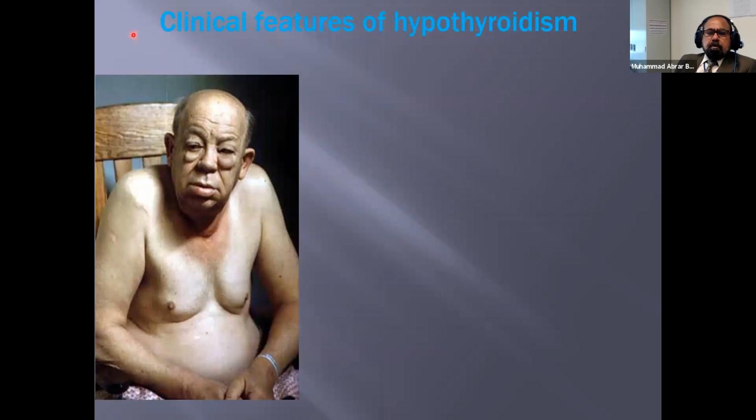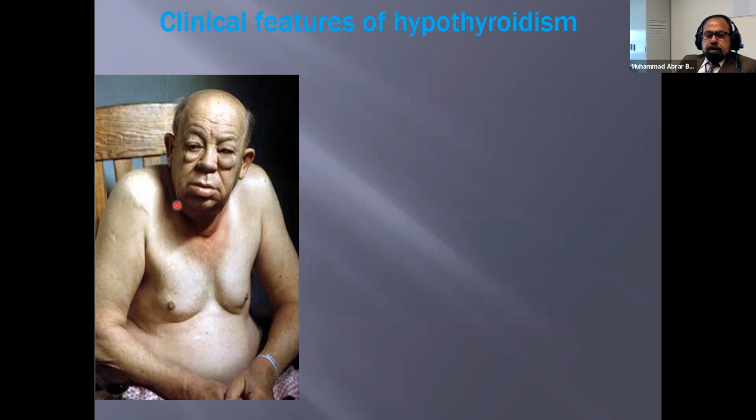As for the clinical features of hypothyroidism, if you see this patient, there is a moon-like face, called myxedema facies, and there is accumulation of glycosaminoglycan beneath the subcutaneous tissue all over the body.